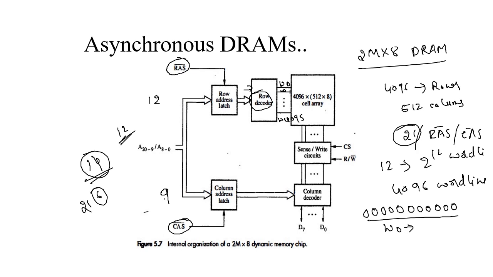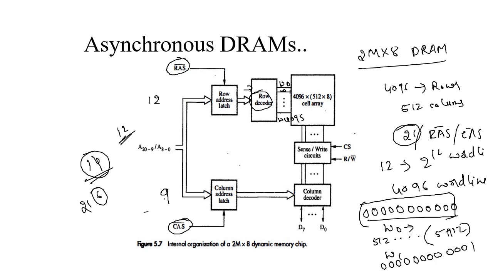So for example, if you want to write to the memory with the next 512 bytes, then you need to choose the word line W1. So the value that you need to give to the row decoder is 000000000001.